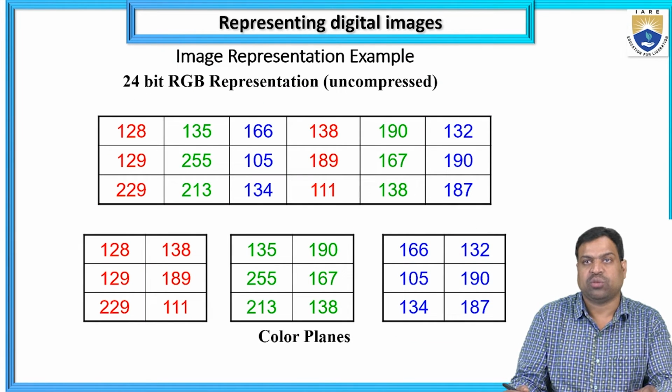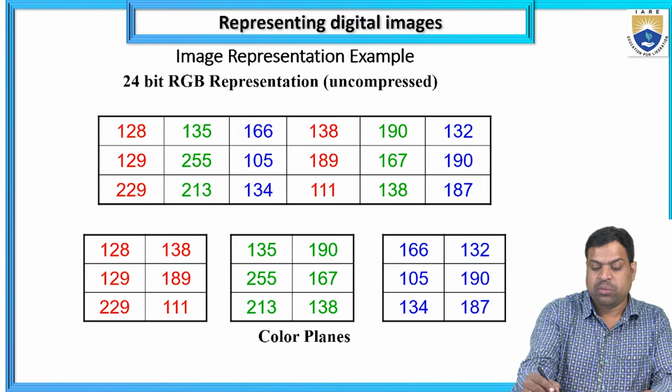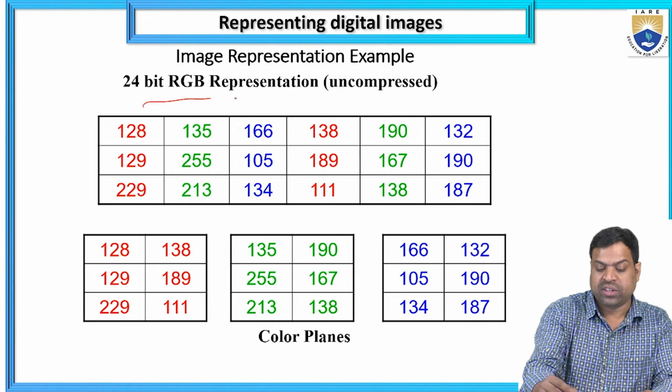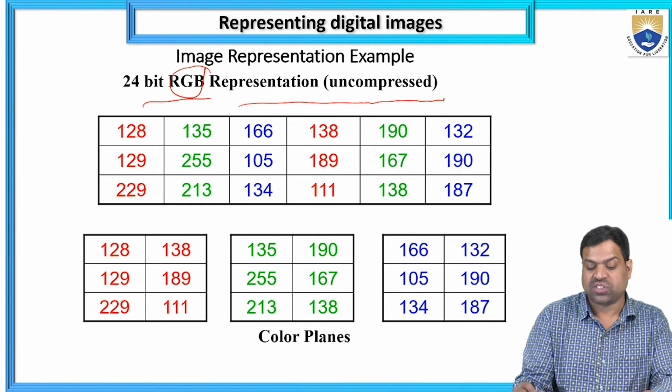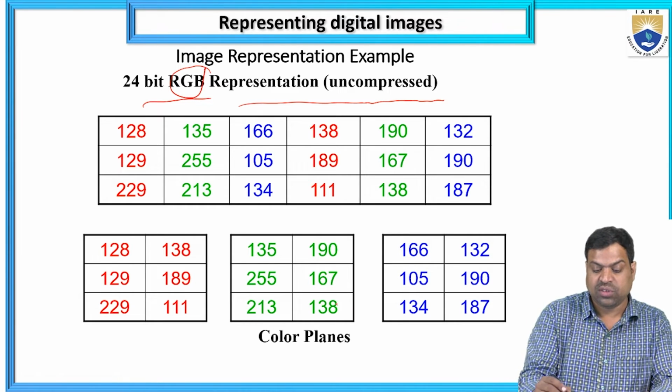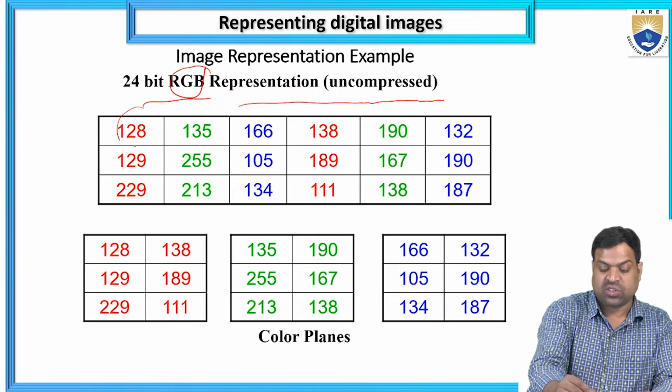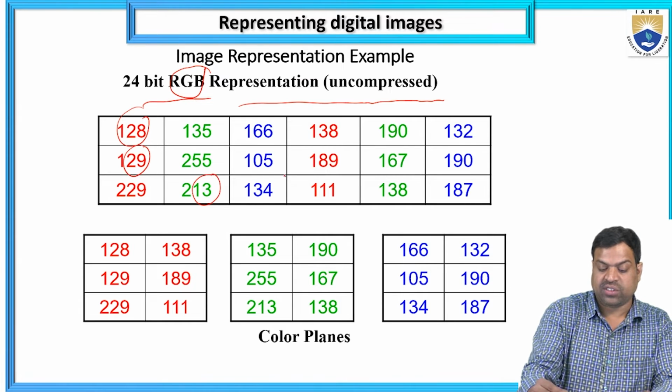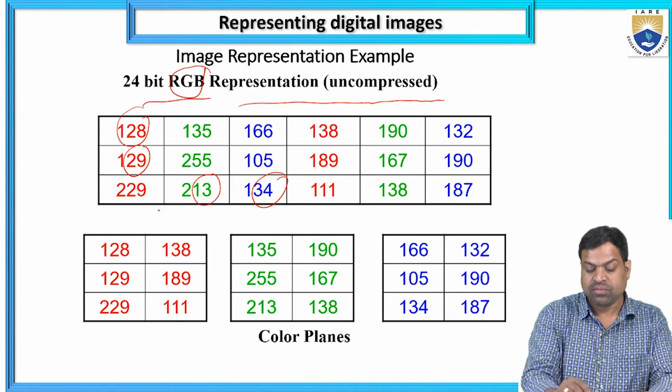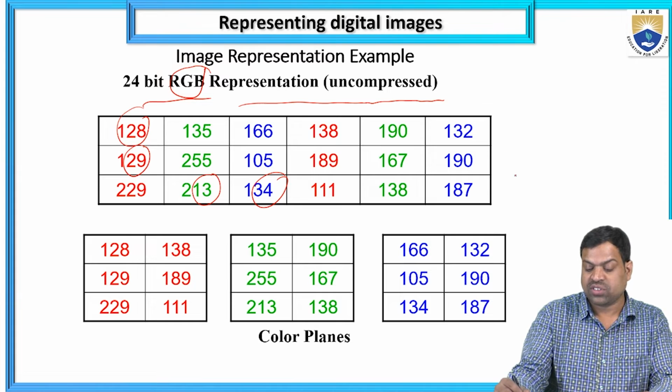It is another example of image representation: 24-bit red, green, blue RGB representation, uncompressed. I have not compressed this one. There are different intensity values: 1, 2, 3, 4, 5, 6, so 3 into 6.